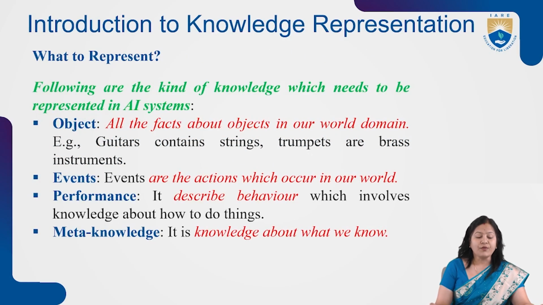Now, during the representation of knowledge using proposition logic or predicate logic, or any knowledge representation technique, what exactly do we represent? Following are the kinds of knowledge which need to be represented in AI systems. The first one is the object: all the facts about the objects in our real world domain.